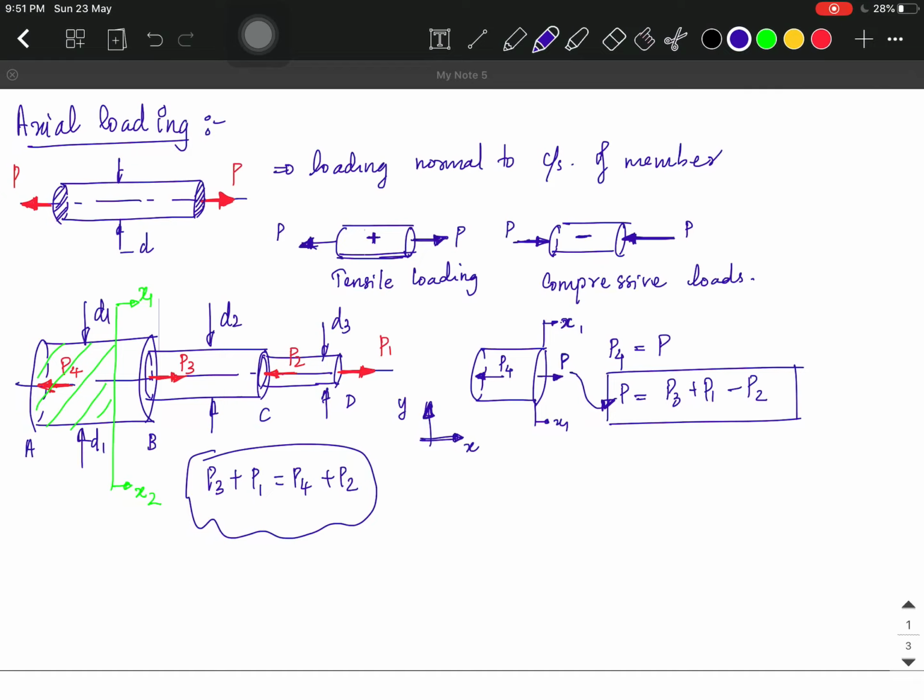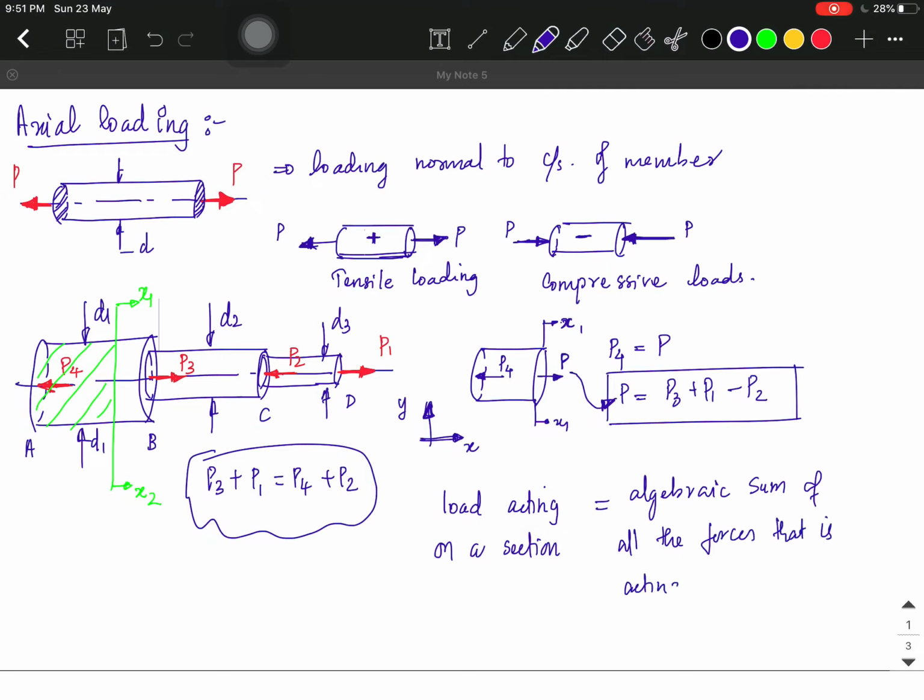So the catch is that the load acting on a section is equal to the algebraic sum of all the forces acting on either side of the section.